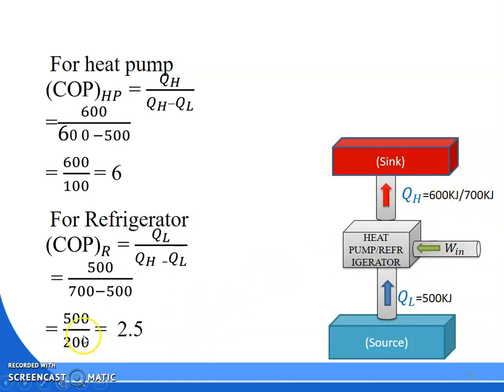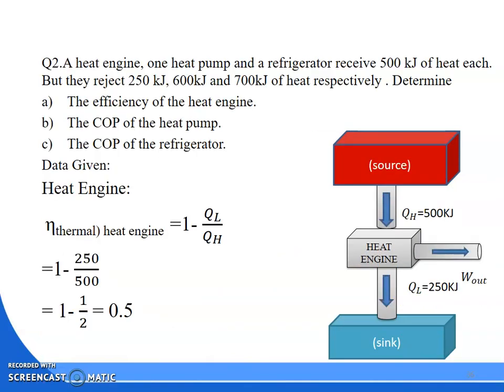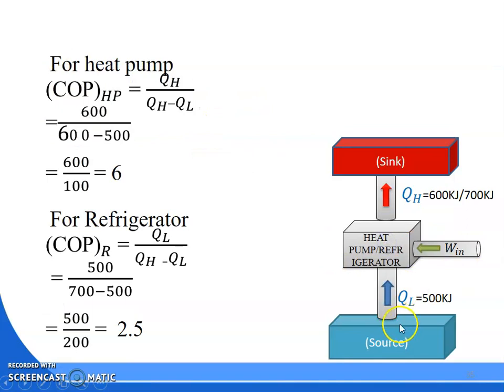So that means for the heat engine, heat received from the high temperature source is your QH, heat rejected is QL, and that is your work output. But for the heat pump and refrigerator, heat received is your QL and heat rejected is your QH.